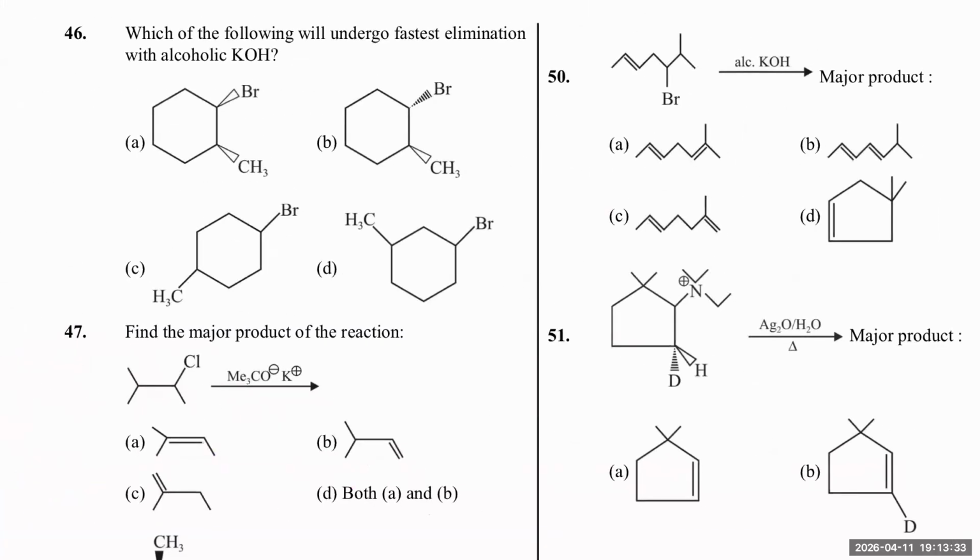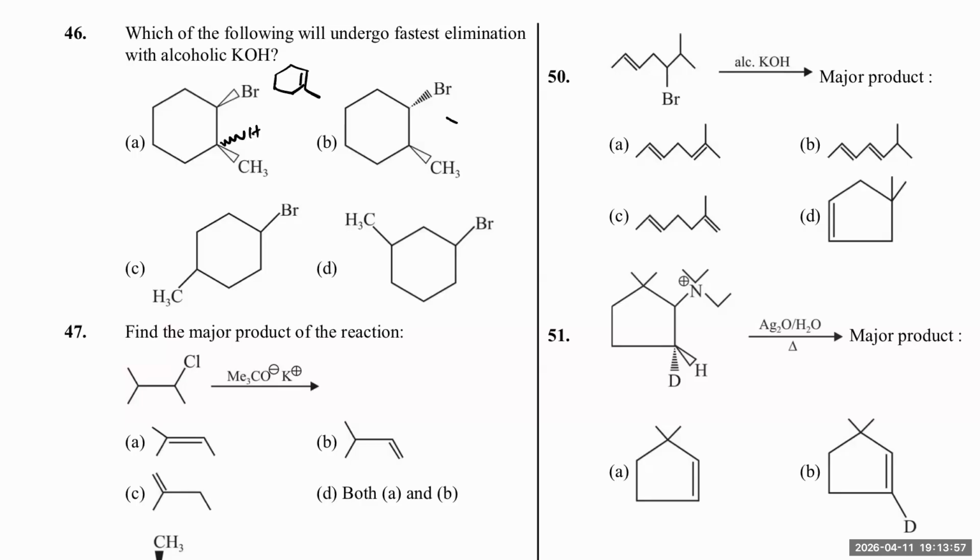In the case of 46, what we need to check here is that the fastest elimination will be on the basis of anti-elimination. So here Br is coming out of the plane and hydrogen is inside the plane. So definitely this can go for an elimination on this position and you'll get this as a product.